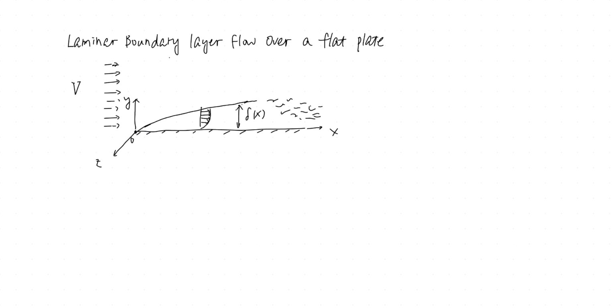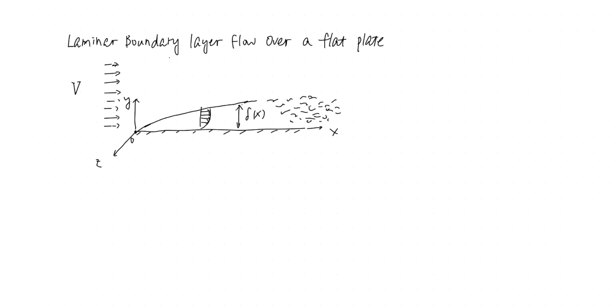In those scenarios, you can no longer define a boundary layer thickness, and things become harder to study. However, when x is small, at the initial region of the infinitely long plate, the flow is laminar, and now we are focused on the laminar region of the boundary layer.